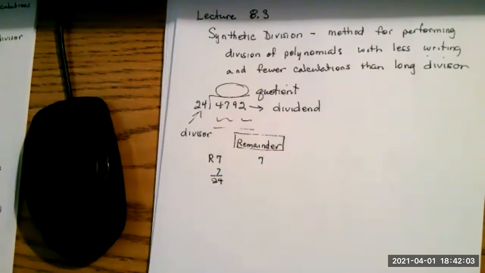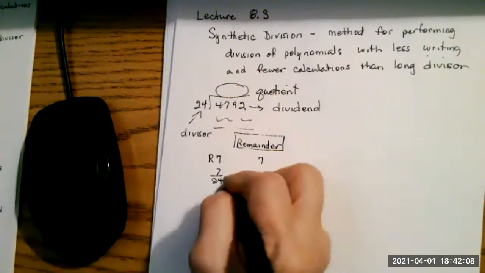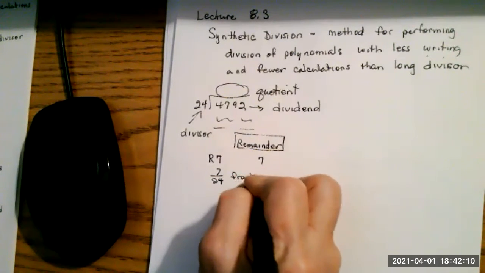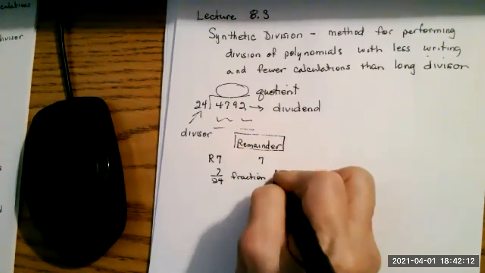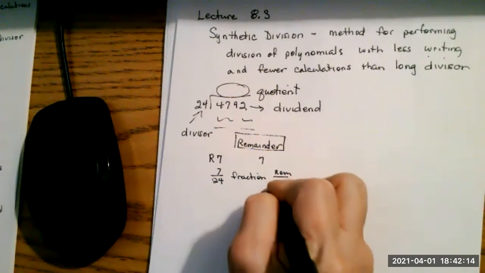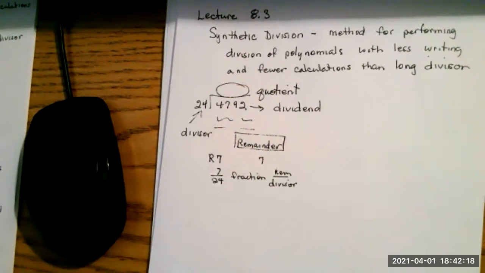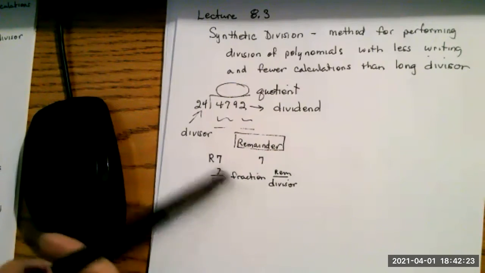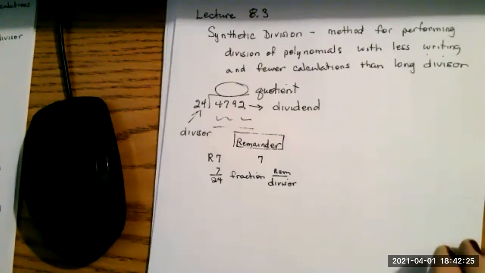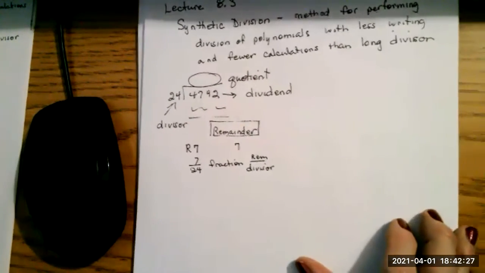So sometimes you can write it as a fraction with the remainder over the divisor. Well, we're going to do both of those today when we're doing polynomials as well.